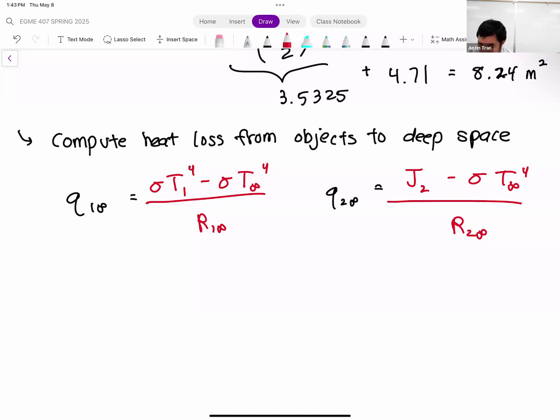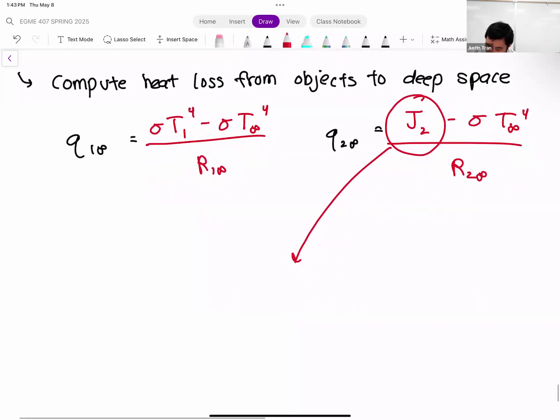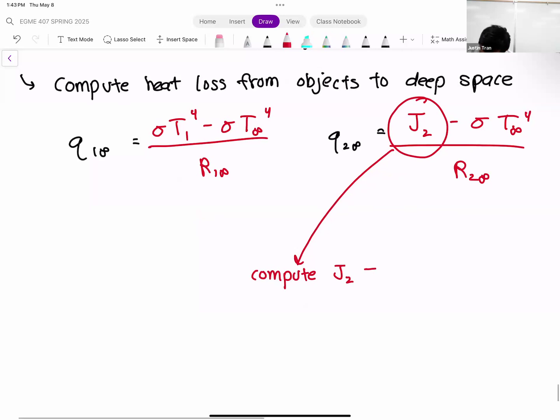The only one that you don't have is J2. Before you can compute this, we need to compute J2, and the way we're going to compute it is with our nodal summation rule in our circuit.